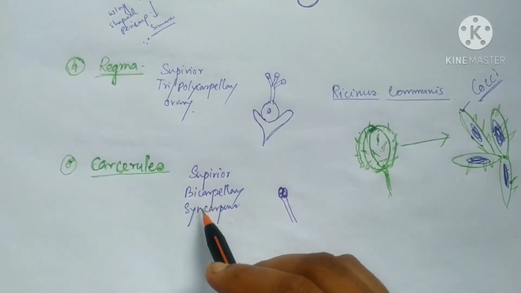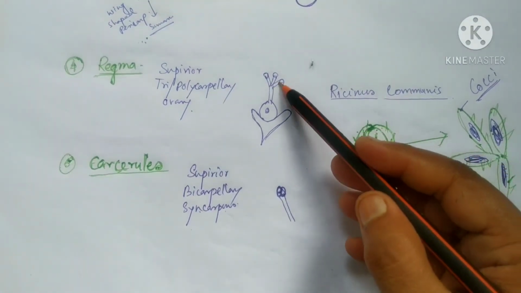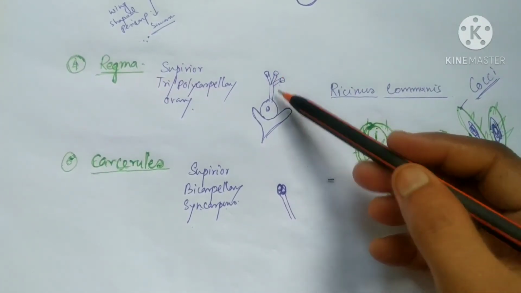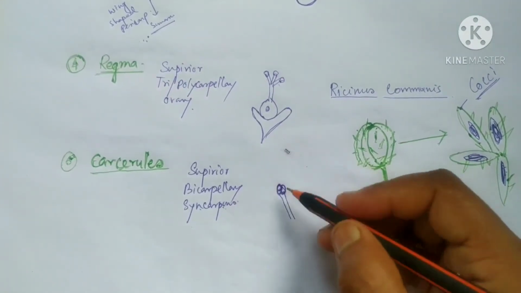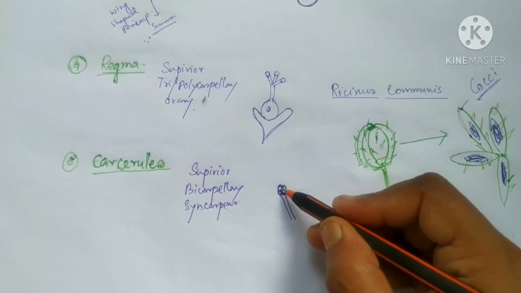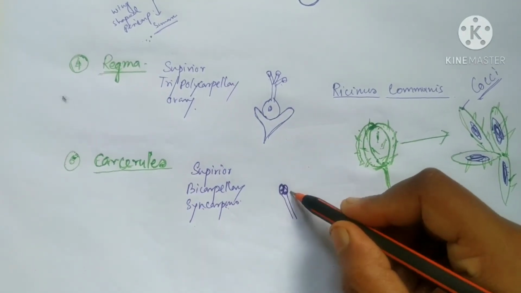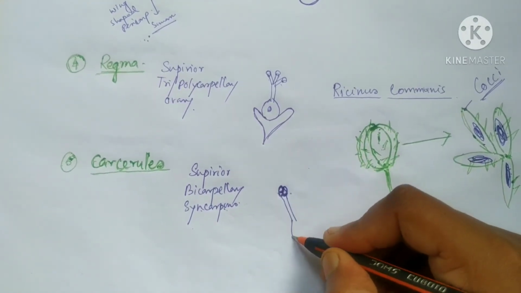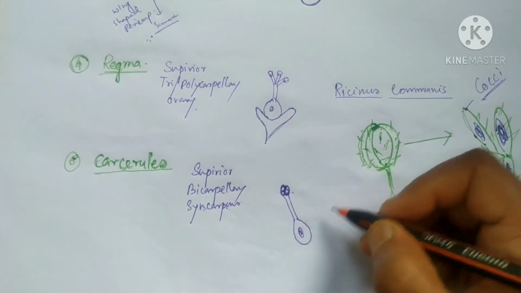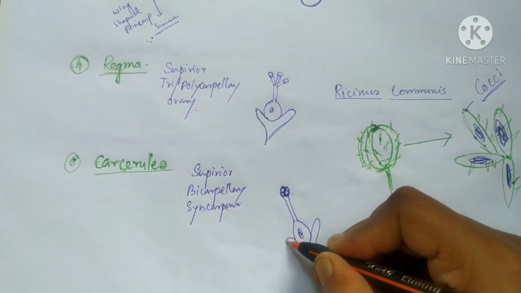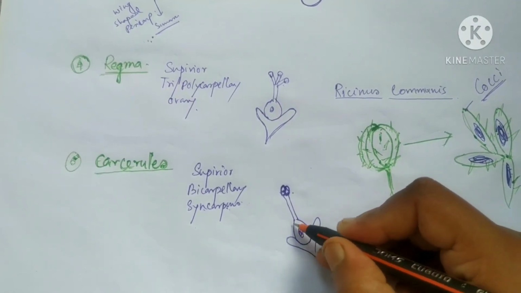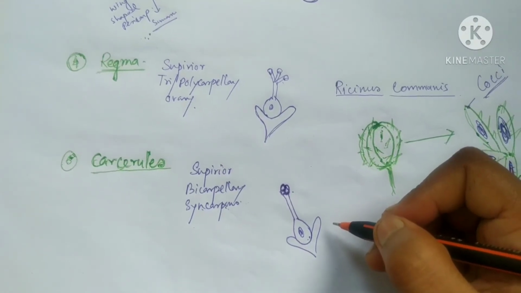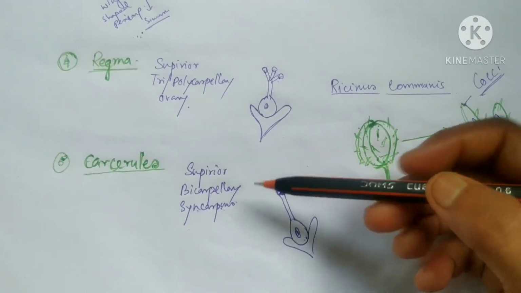In apocarpous they are not fused with each other, they are separate from each other. But in case of syncarpous, all carpels are fused with each other. So syncarpous bicarpellary superior. Superior means superior in position, and all parts stay beneath this ovary, right? So this type of ovary develops into carcerulus fruit.